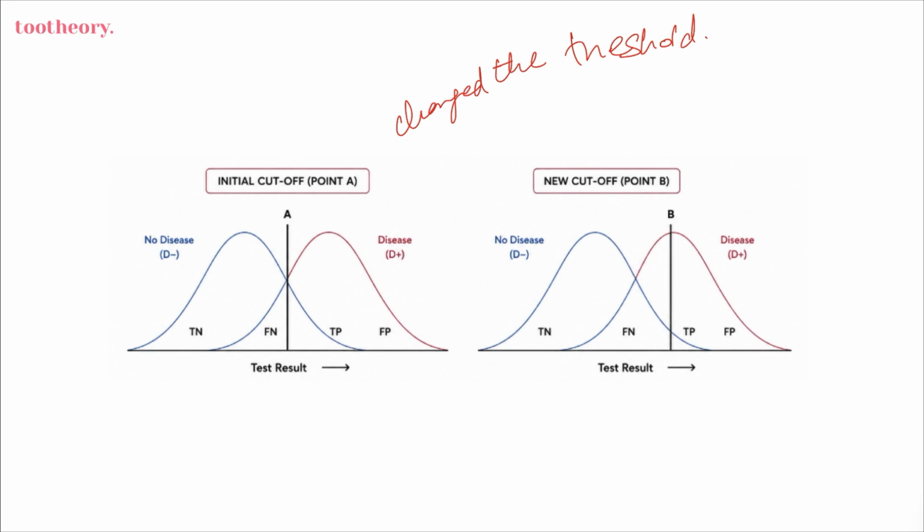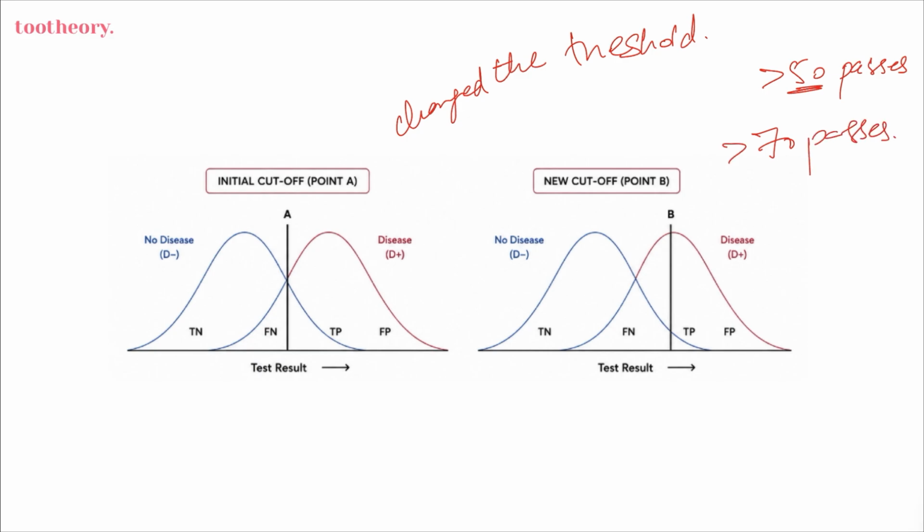For example, think of it as an exam. If I say that anyone scoring above 50 passes, then 50 is my threshold. But if I decide to increase the threshold, I would say that anyone above 70 passes.